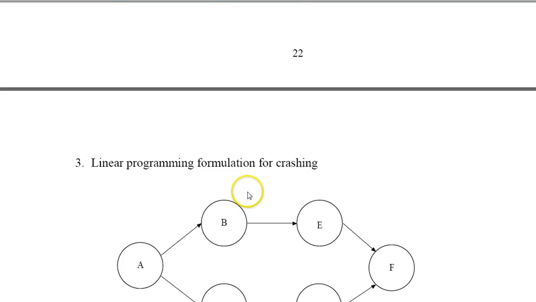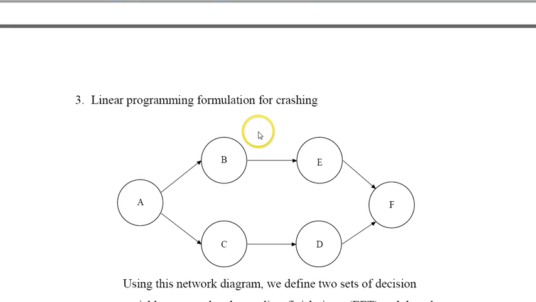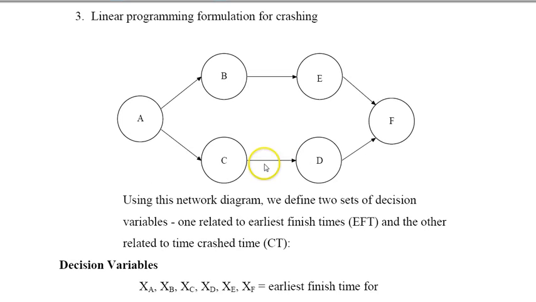So this is the linear programming formulation for the crashing. In this problem, we're going to identify two sets of decision variables. One related to earliest finish time, because once we crash an activity, its earliest finish time is going to change, and that's going to change the earliest finish time of subsequent activities.